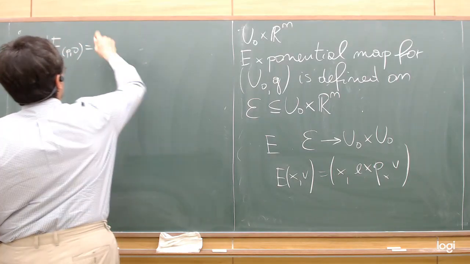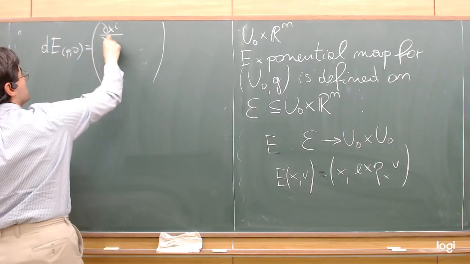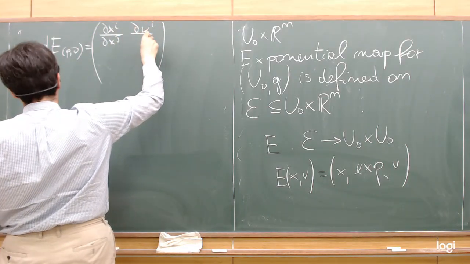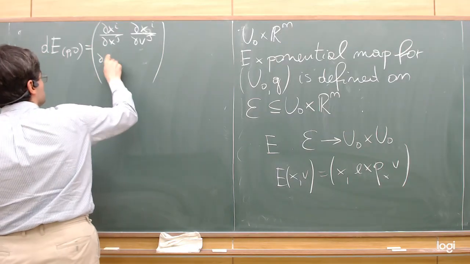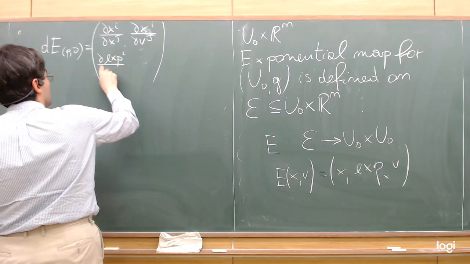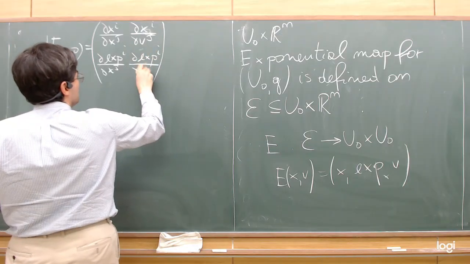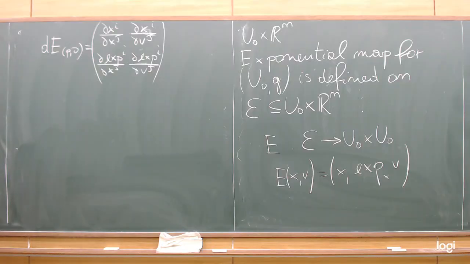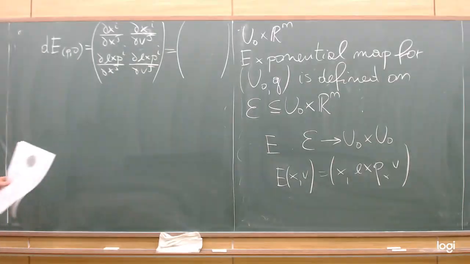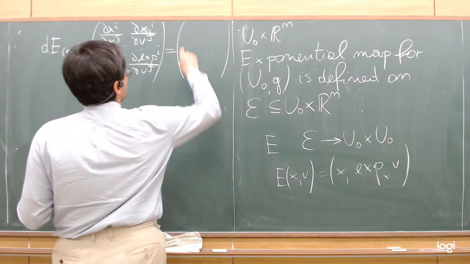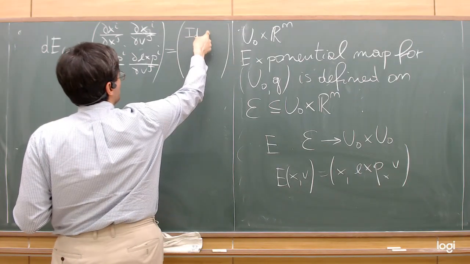This is represented by the matrix with entries dx_i over dx_j, dx_i over dv_j, and so on. And it is clear that this matrix has the following block structure, where the first block on the top and on the left is identity.